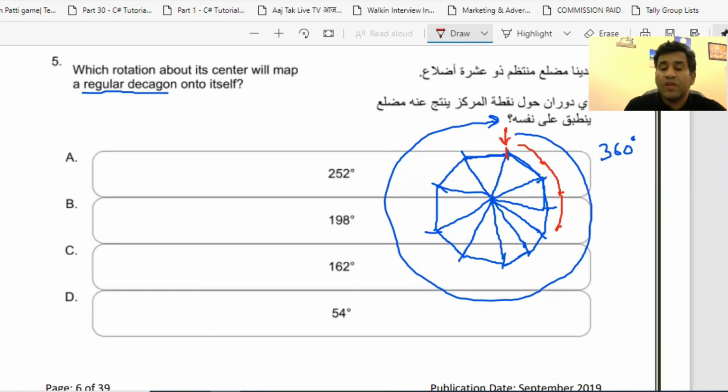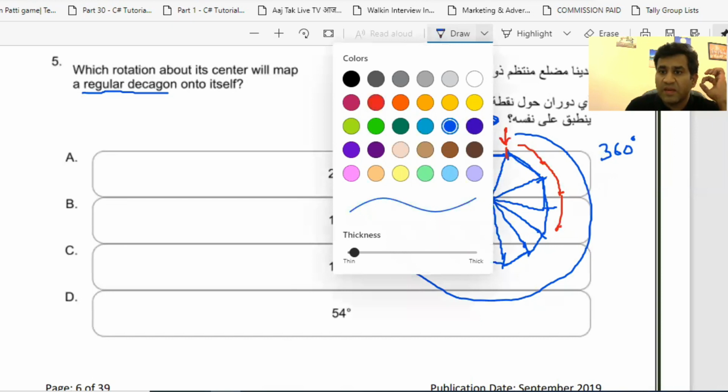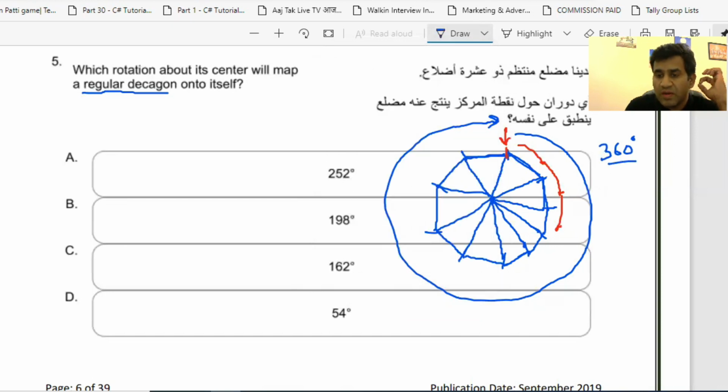Now I can calculate how much central angle the decagon covers in each rotation. Total angle divided by the number of sides, which is 10, gives 36 degrees each time. So when it makes one rotation, it covers 36 degrees, another rotation 36, this is 36, this is 36, and so on until it comes back to the same point, which totals 360 degrees.